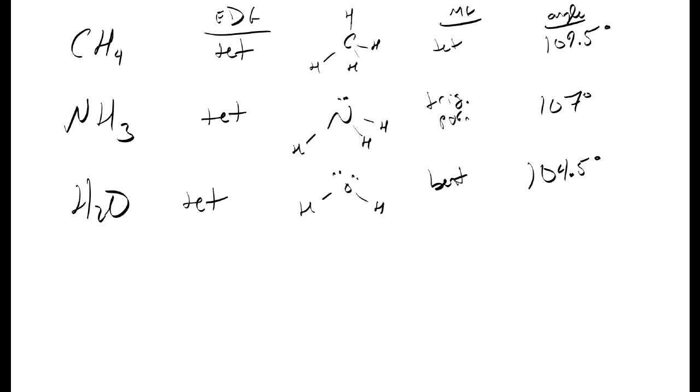So remember that for your molecular geometry. For example, if it's 5 electron domains and 1 non-bonding pair, that means it looks like this. But this is not a straight line, because those bonds have been squished as well.